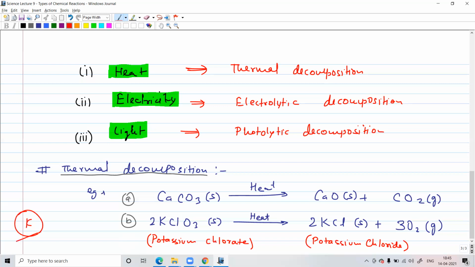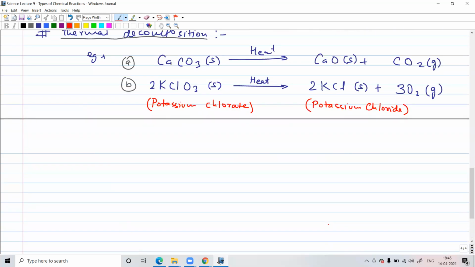K stands for potassium. When it reacts with chlorine and oxygen like this, you call it potassium chlorate. And when oxygen is released from here, only potassium chloride remains over here, and oxygen gas is released into the air. So now you have two reactions of decomposition by heat. Let me give you one more example.